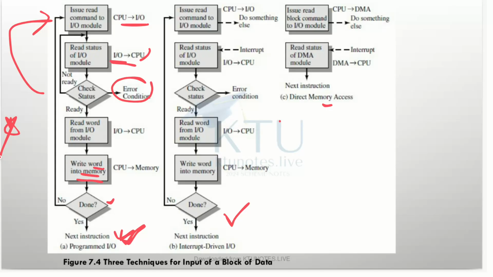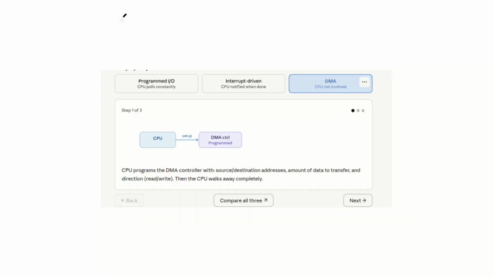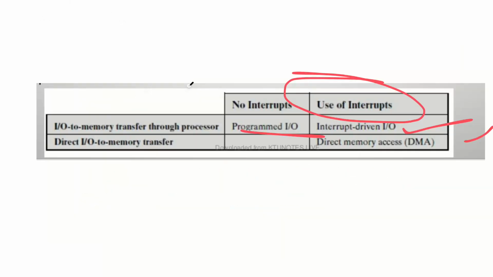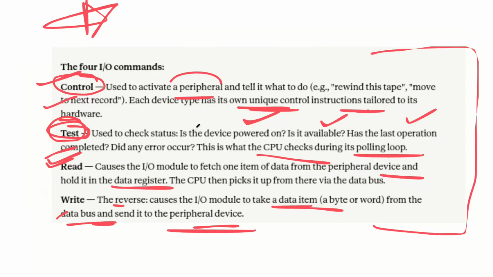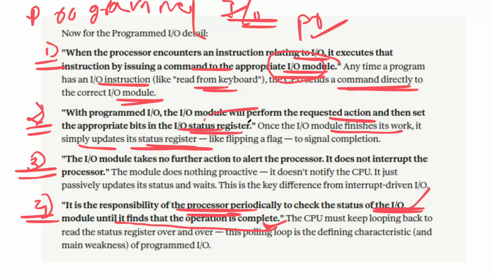The IO module does that operation, and after completing, it sets the status, the status register's value. But after setting the appropriate bits in the input status register, it does not alert or interrupt the processor. The processor itself has to check the status of the IO module every time to see if the operation has been completed or not.